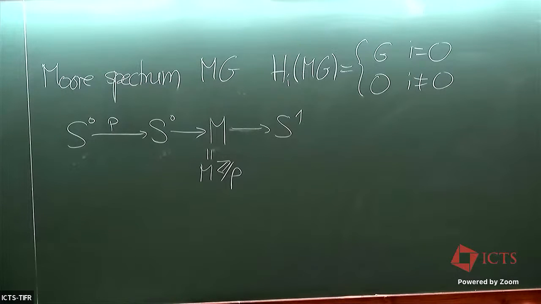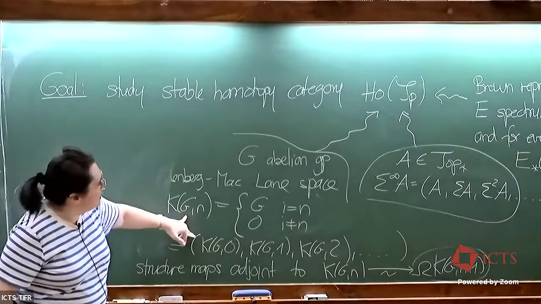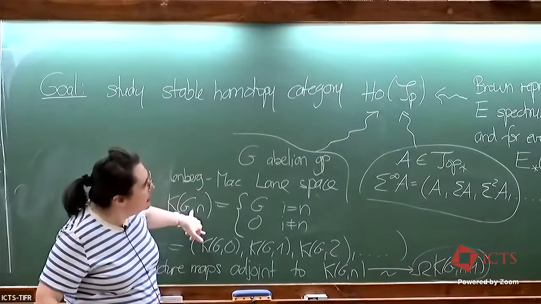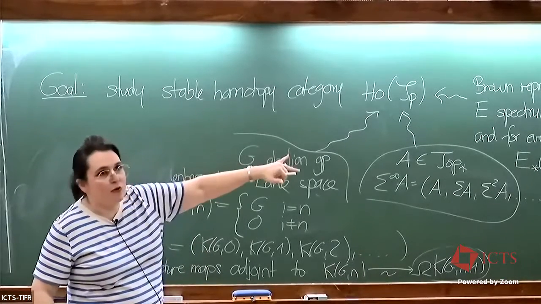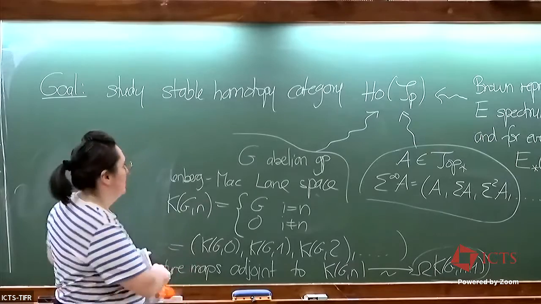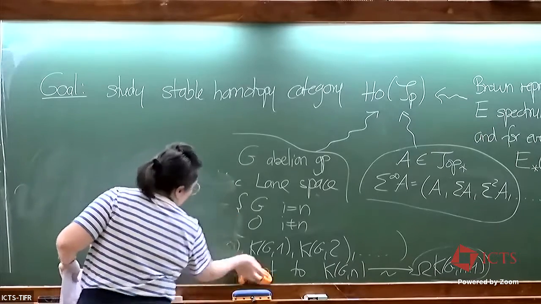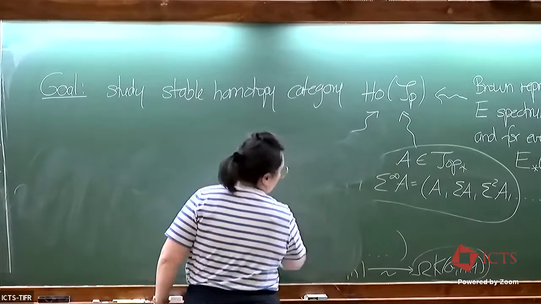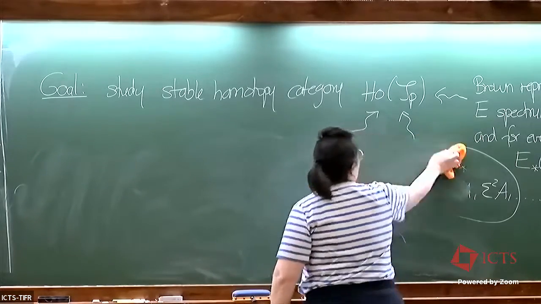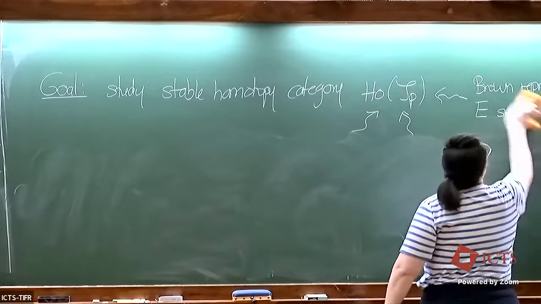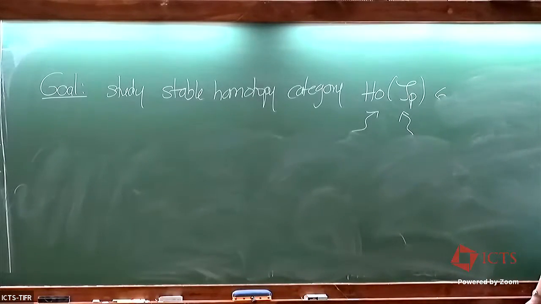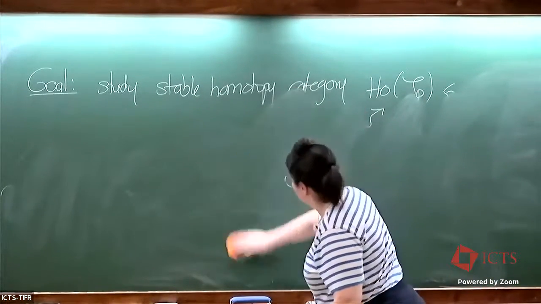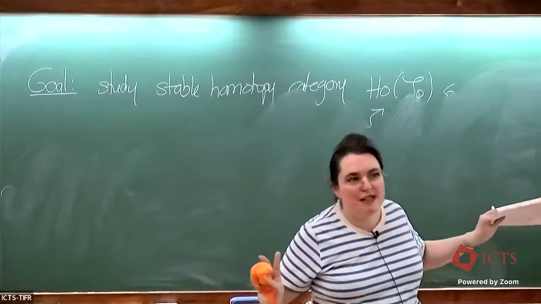So what I didn't really say is that these guys are exactly the spectra that give you singular homology with coefficients in G. So if you want rational homology, so Q coefficients, you need to look at HQ, which is also, by a divine coincidence, the same as MQ, which normally never ever happens.